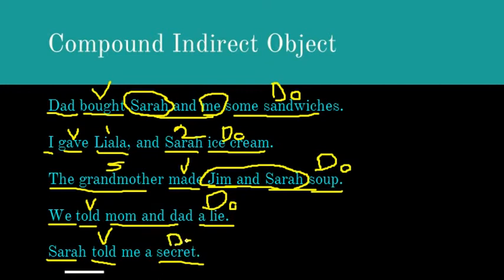Now who received the secret? Me. Therefore, indirect object is pronoun me.